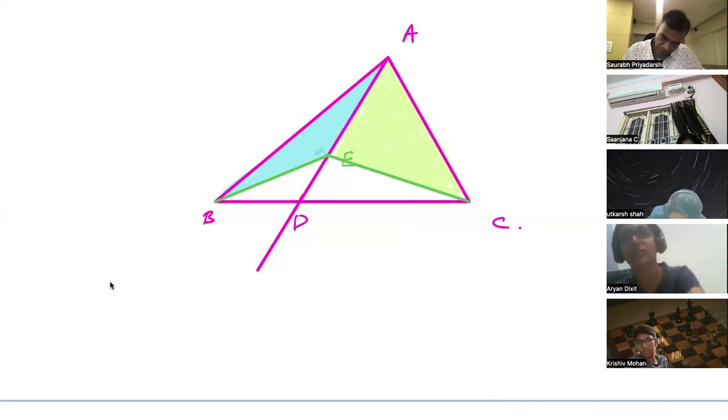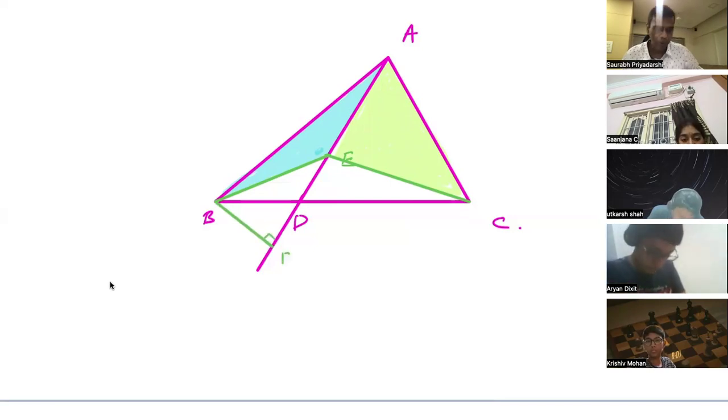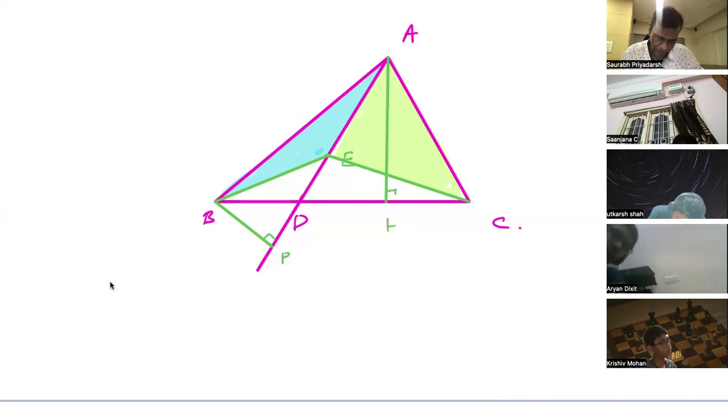Very good. And I have to draw a perpendicular from this. This is the point P, and one perpendicular from this, this is the point H.